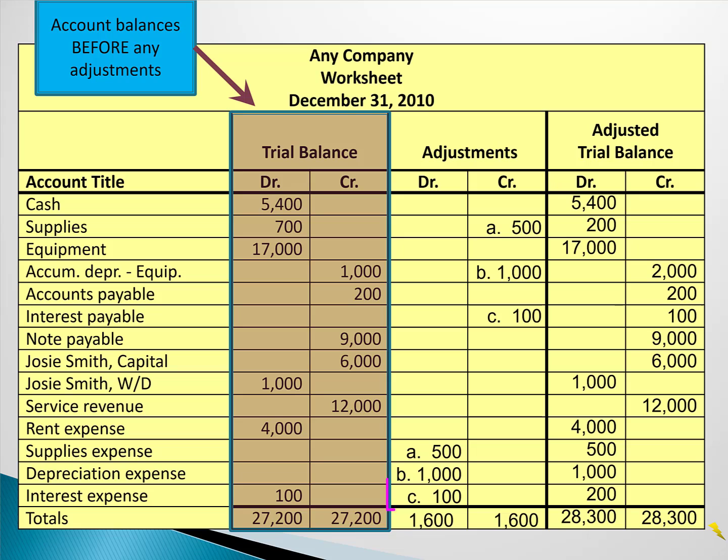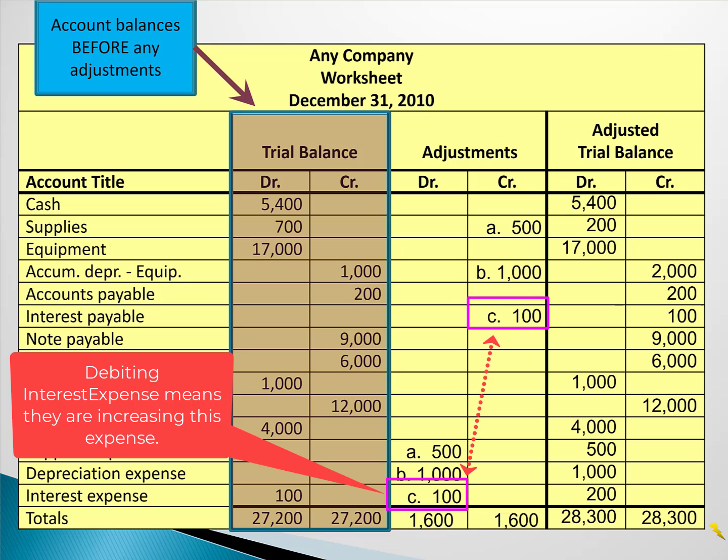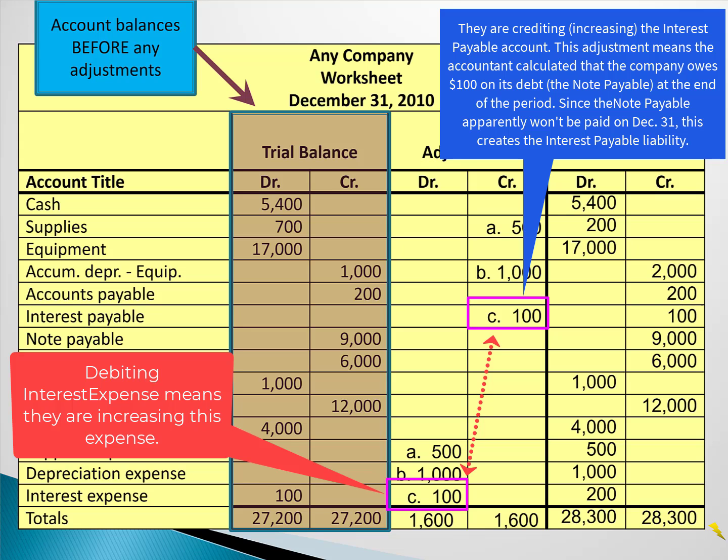And then in adjustment C, it looks like they're increasing interest expense by $100, and they're also increasing interest payable by $100. So it looks like at the end of the year, they figured out that they owe interest of $100. They're not paying it now, so it's a payable, so the increase of payable and the increase in interest expense.